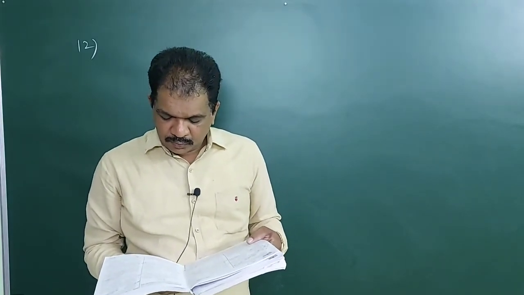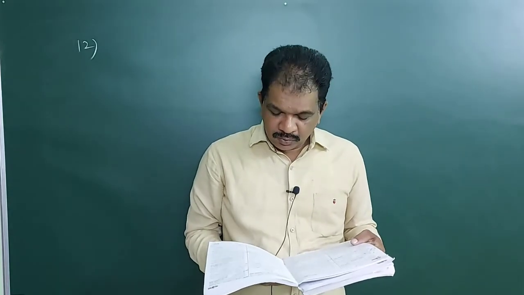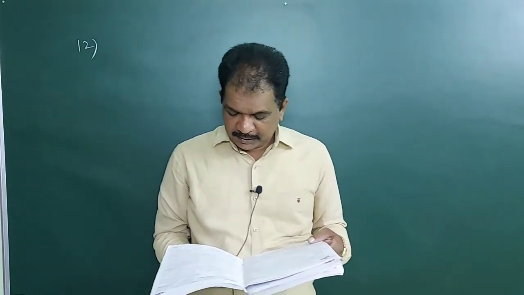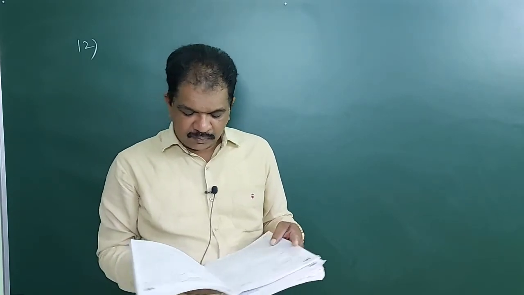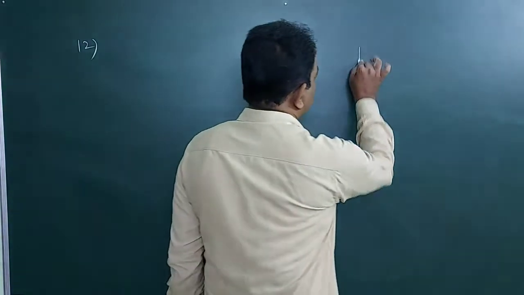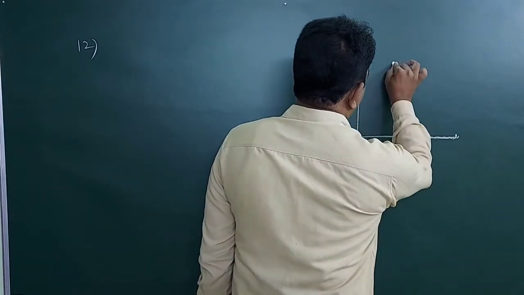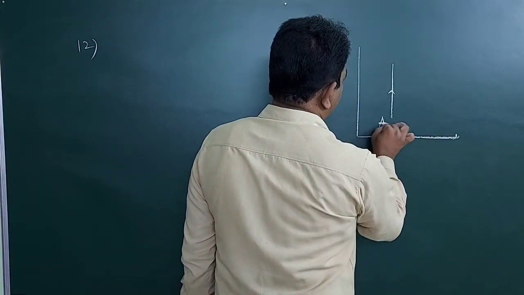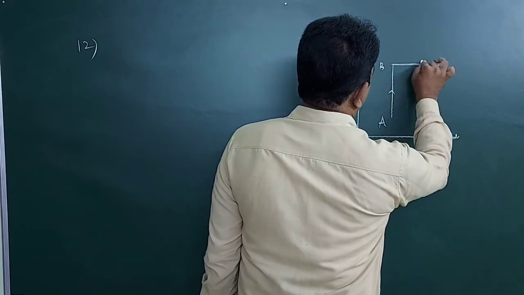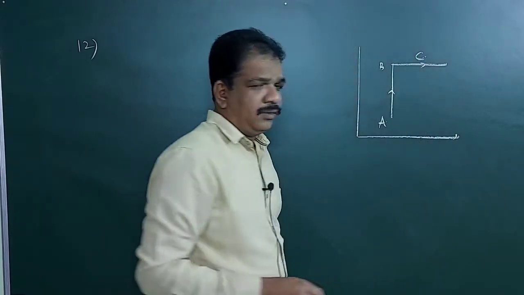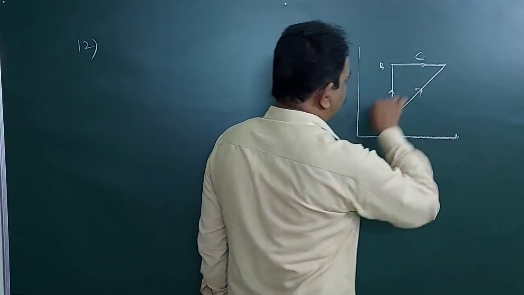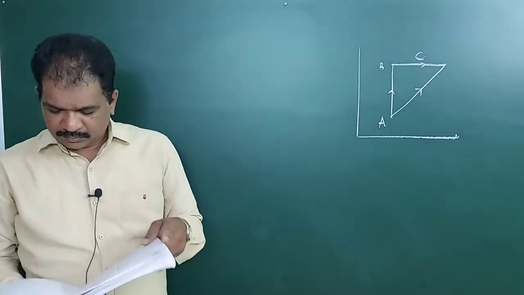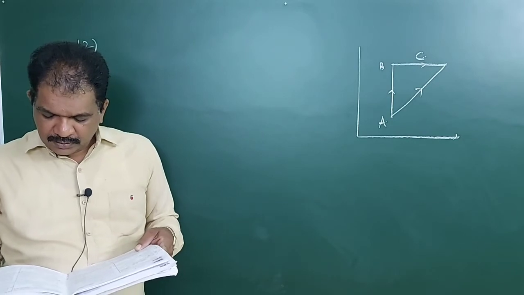Figure shows two paths that may be taken by a gas to go from the state A to state C. In the process AB, first what they did? They took the gas from A to B. Later they took from B to C. In one process directly they took from A to C. Okay.